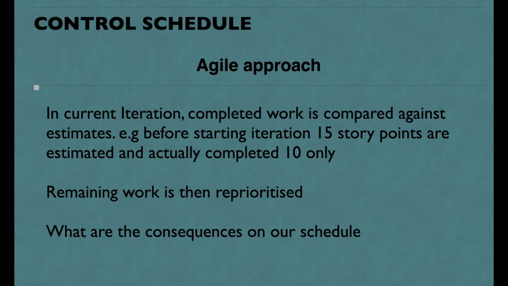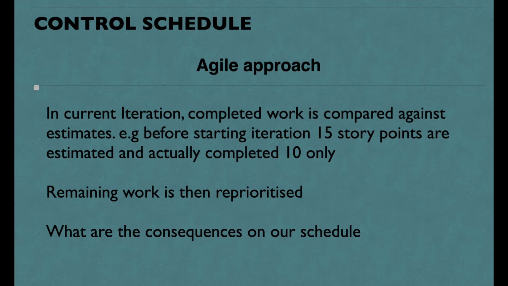So what happens before starting the next iteration? We reprioritize the work. We see what consequences there will be on our schedule, and why we are lacking 5 story points. Is there something wrong with the estimation? For the next iteration in the agile approach, we discuss what we are lacking in the current iteration and try to eliminate those weak points.